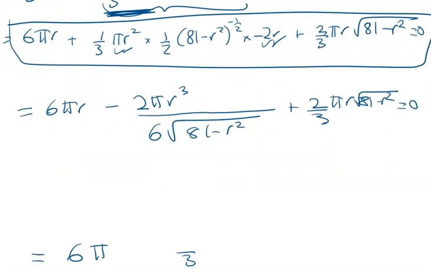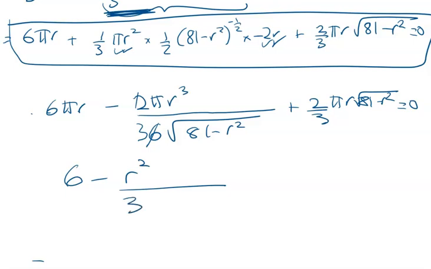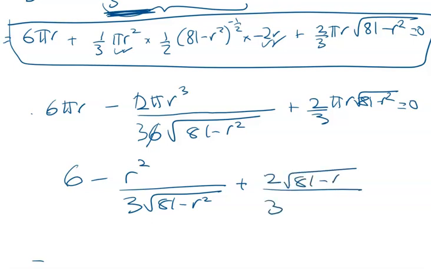Now I'm going to divide through by pi and r. That gives me 6 minus r squared over 3 root 81 minus r squared plus 2 over 2 root 81 minus r squared equals 0.